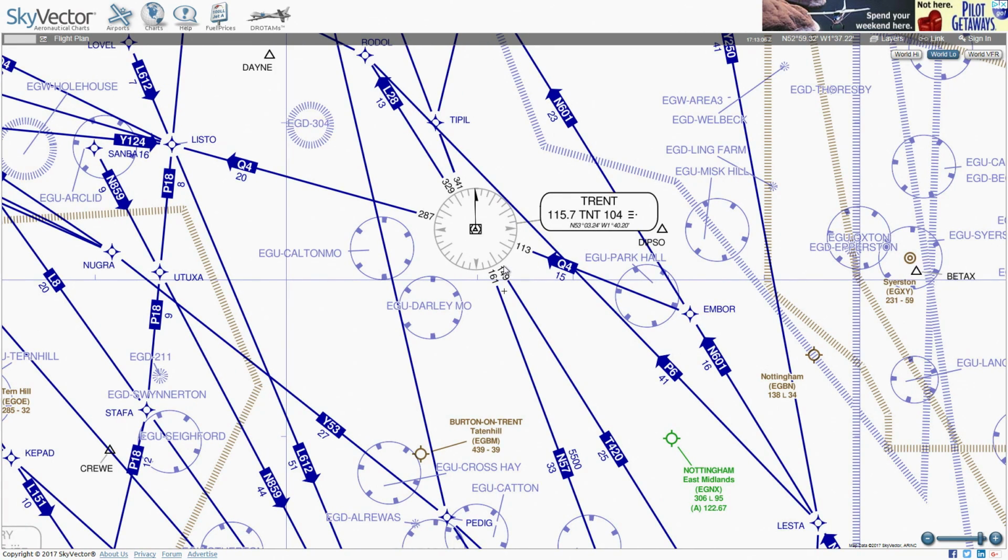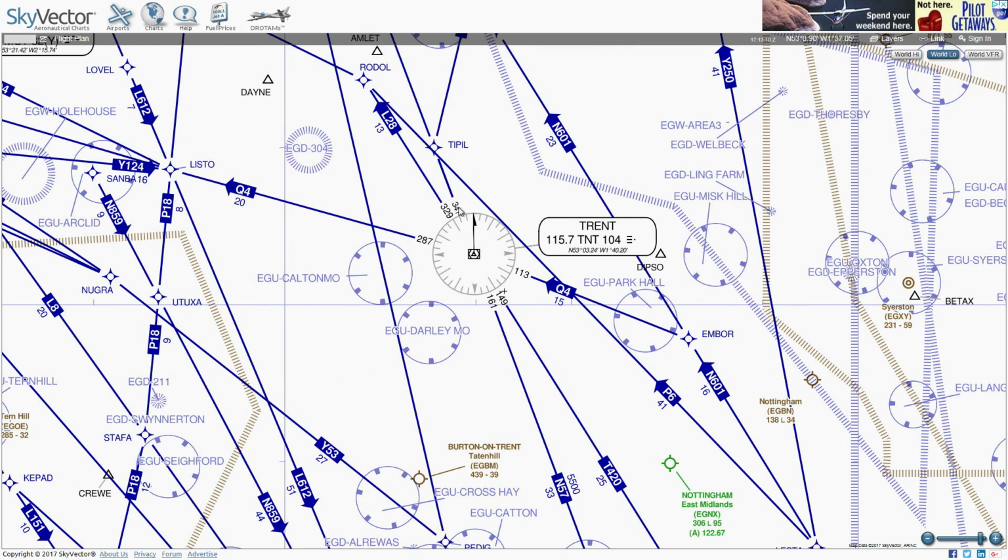These numbers all the way around here, 113, 149, 161, 287, 329 and 341, those are angles. Those are headings out or in to this VOR. When you tune the headings on the navigational instrument, you use the OBS selector and tune in a frequency and a heading. These are those headings.